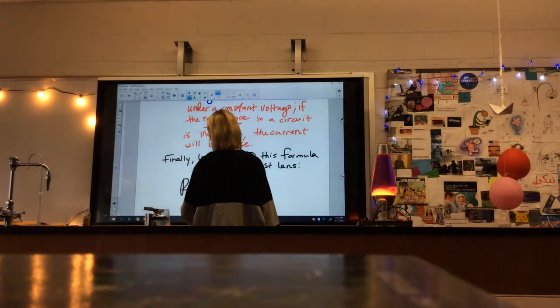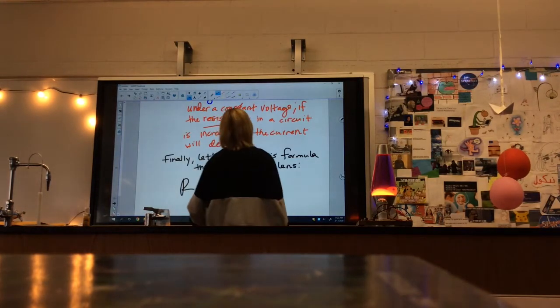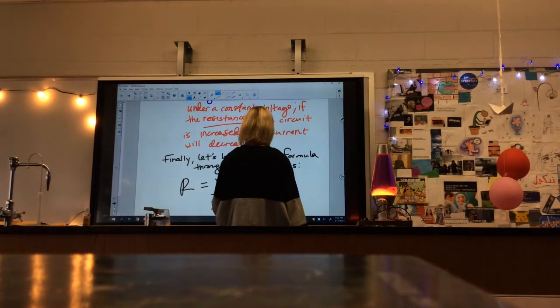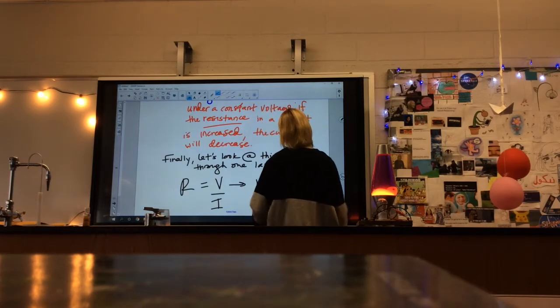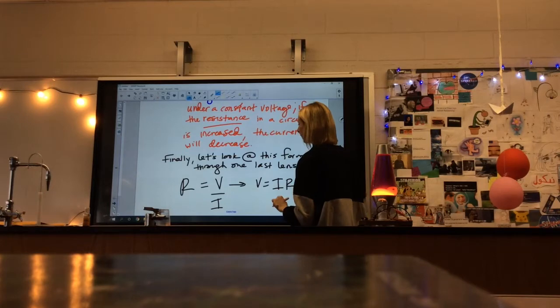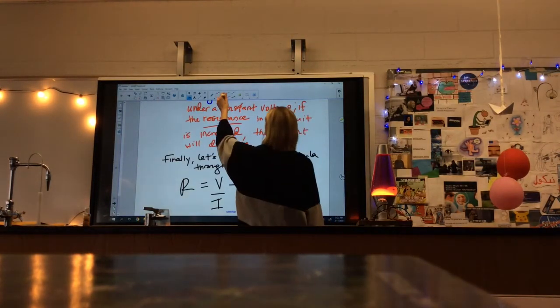So R equals V over I. Well, I'm going to rearrange it back to V equals IR, which you might find to be the most preferable format to use this in, since it's probably most easy for you to manipulate.